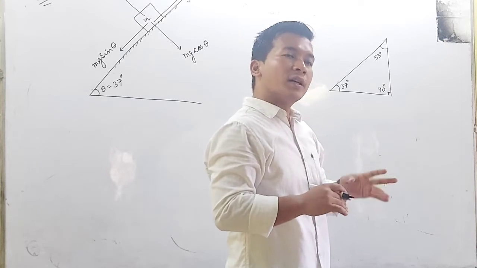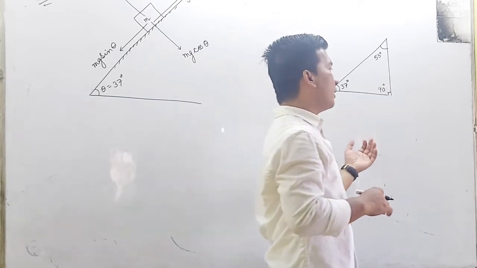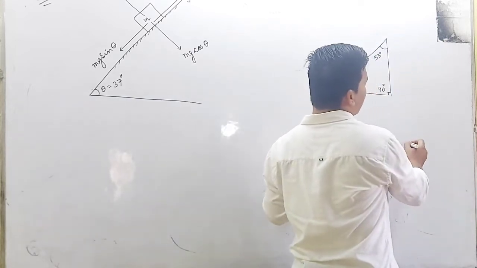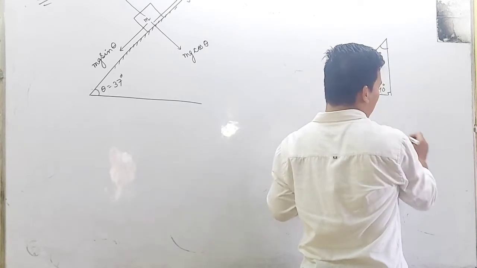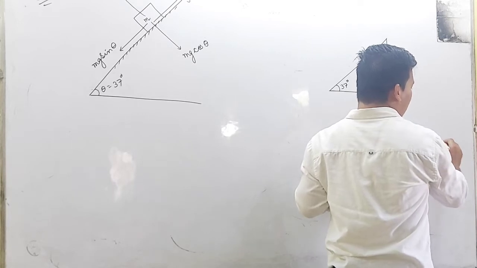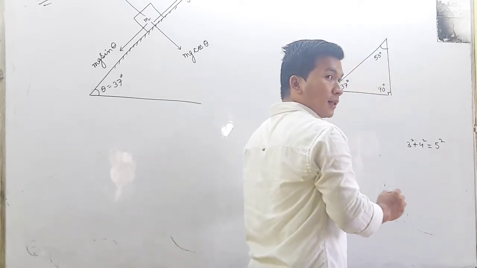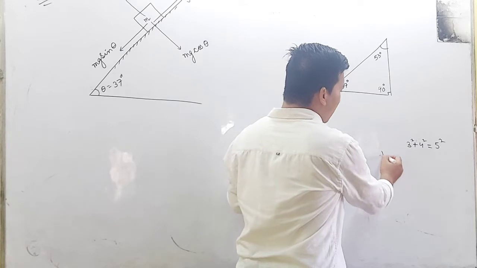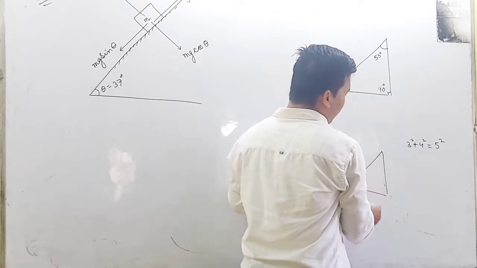We have to understand these Pythagorean triplets. 3 squared plus 4 squared is equal to 5 squared.